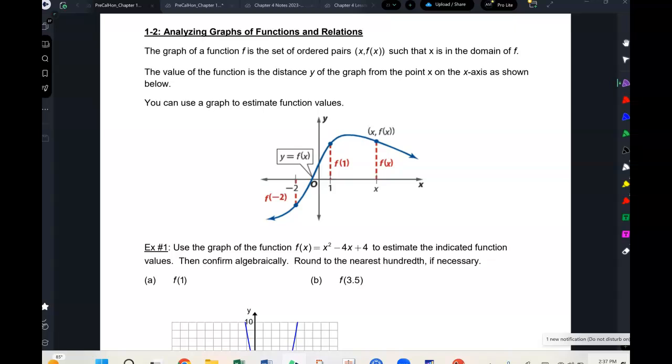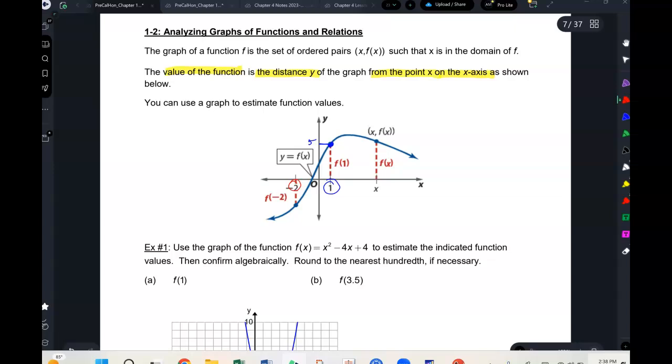Now at each point x, the value of the function is also the distance of the graph from the point x on the x-axis. So for example, at x equals 1, if f of 1 is equal to 5, that means at x equals 1, the graph is 5 units above the x-axis.